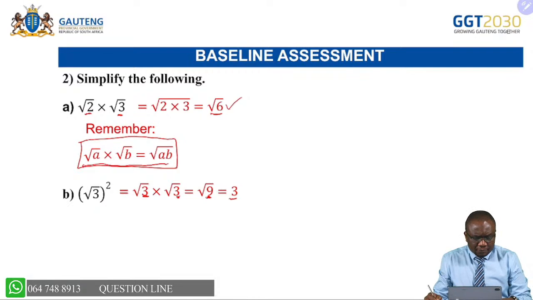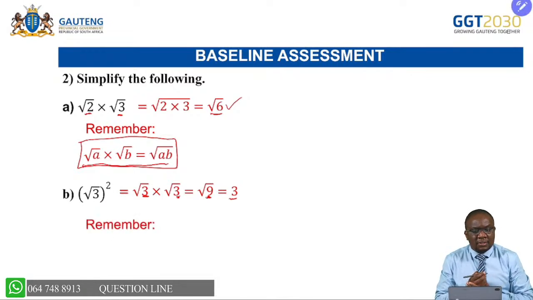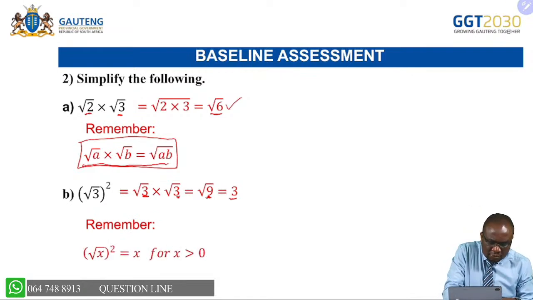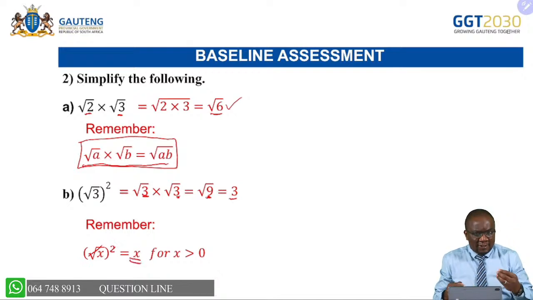And then the other thing you must remember, what happens to the square and the square root? They cancel each other out. Like here with the square root and the square, they cancel each other out. You remain with the x because they are inverse operations. Remember that.